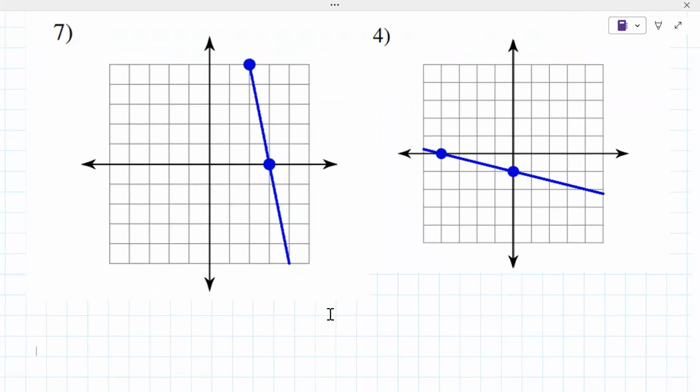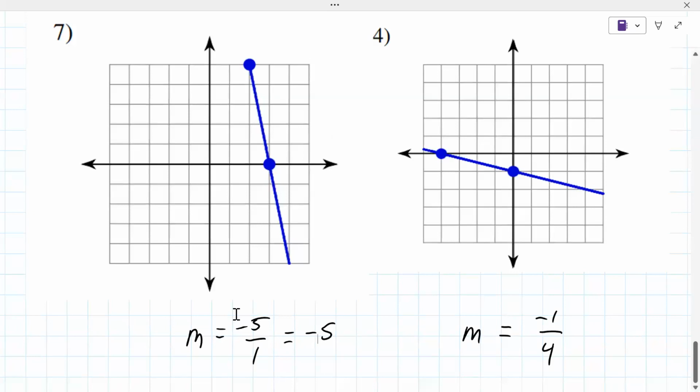So for the first one, I got -5/1, and the second one I got -1/4. Good. Now this one on the left, you would actually, believe it or not, give it as just -5. So you don't give it over 1. That might be a little odd, but that is what it is. Any questions on that? I don't think so. Okay.